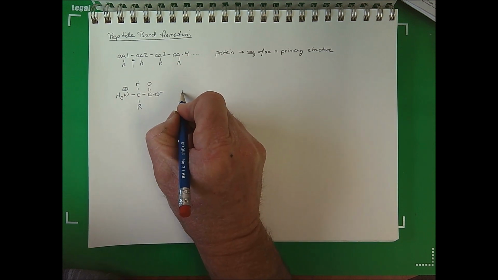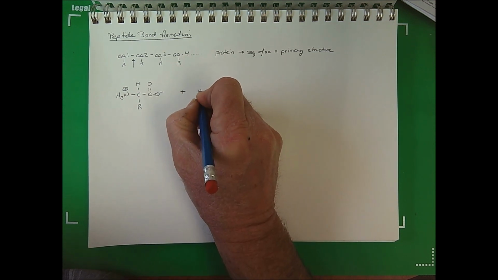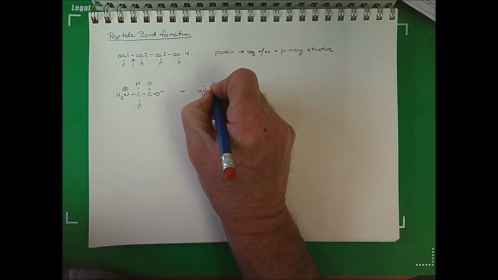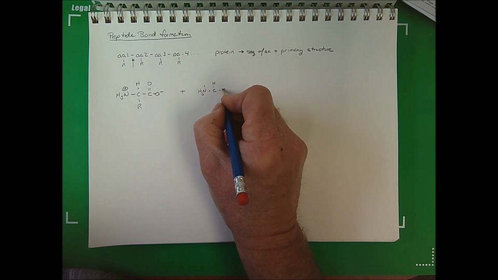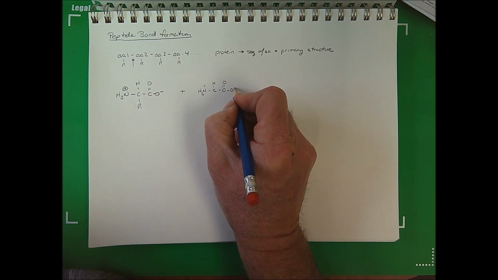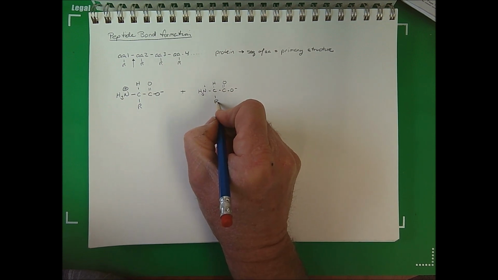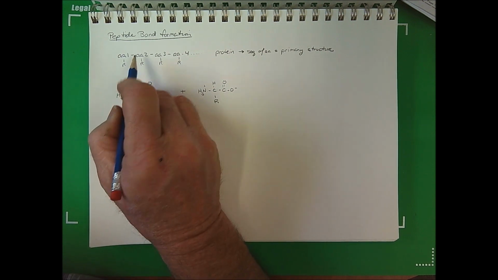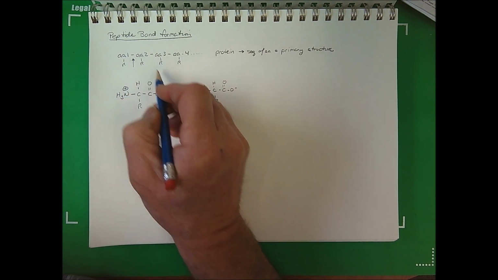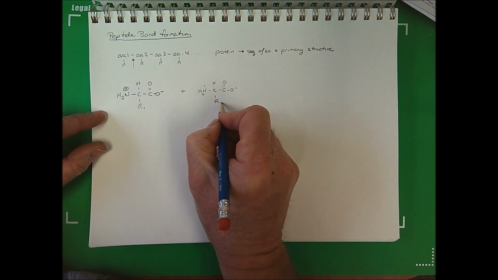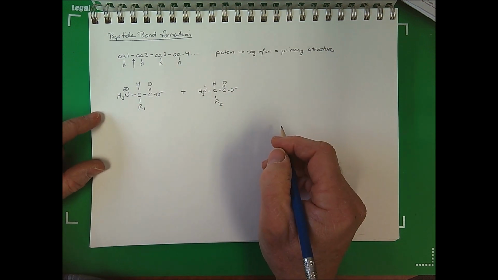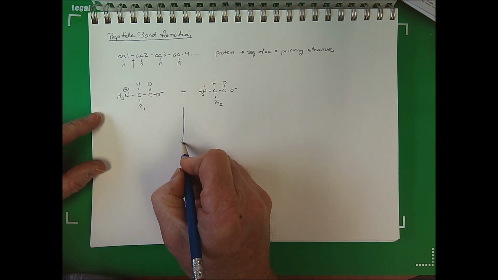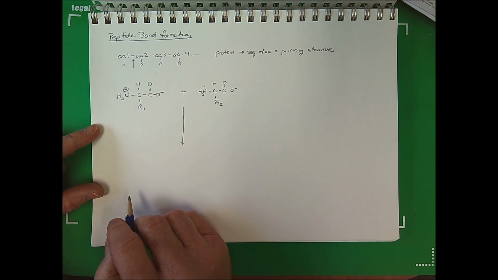Now we are going to take a second amino acid, this would be considered amino acid 2, and we are going to form this bond between amino acid 1 and amino acid 2. This is very simply a dehydration reaction.